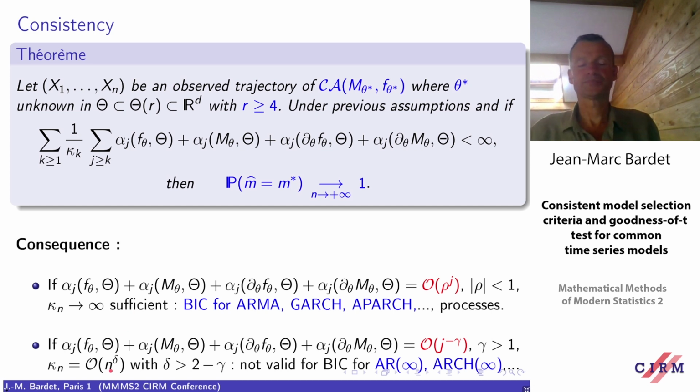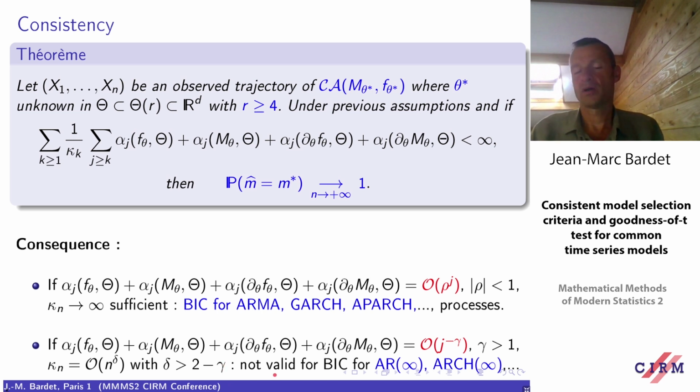Okay, but if the decreasing rate is not exponential, and for instance could be written as n power minus gamma, now you could not select what you would like for kappa n. For instance, here you should have something like n power delta, where delta is greater than 2 minus gamma.